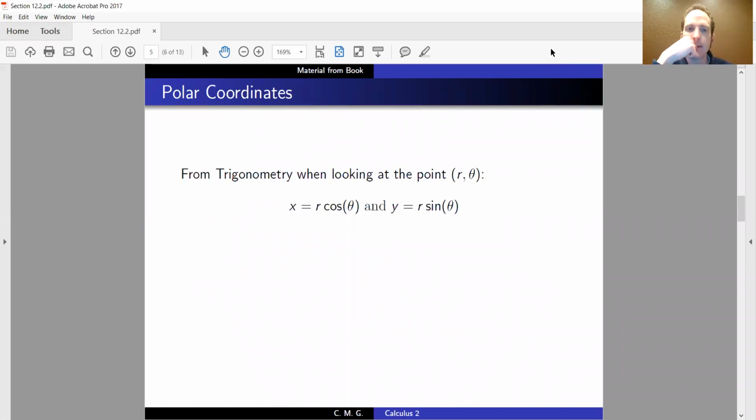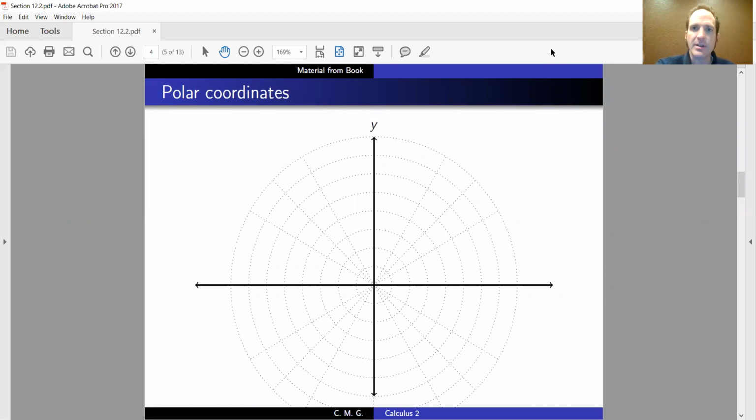Okay. So from trigonometry, if I have a point on this thing, we can find the x and the y value. To find the x and the y value, I have an r and I have a theta. So the x and the y value are going to be determined as the other two sides of this right triangle here.